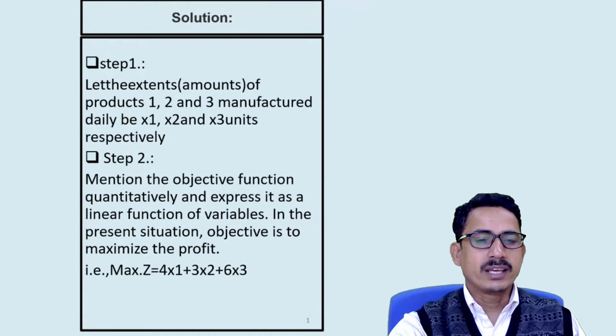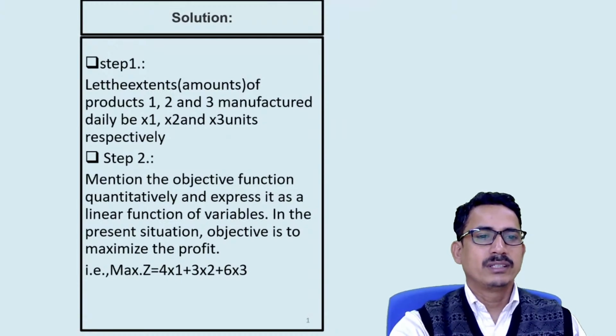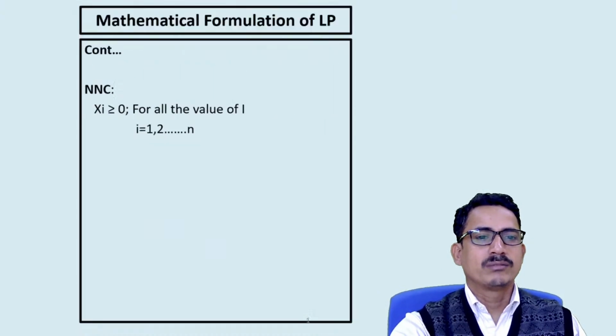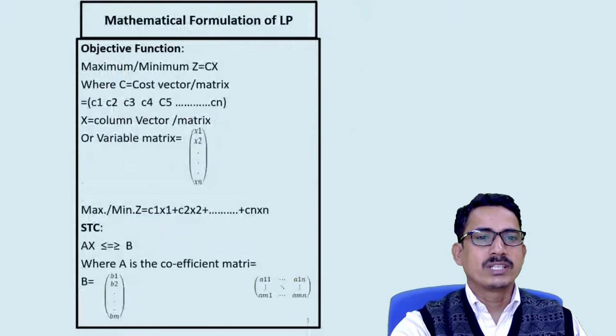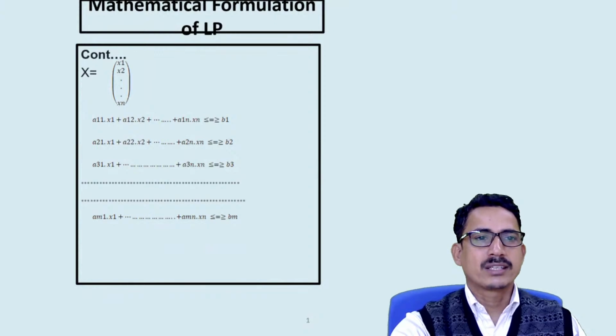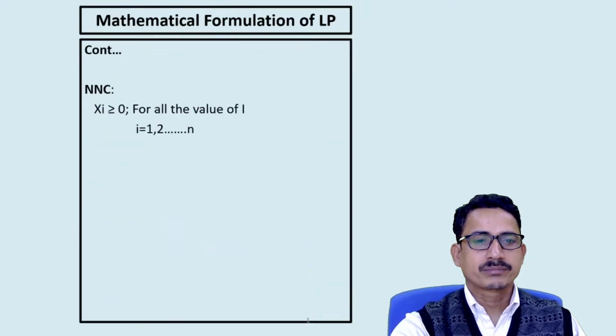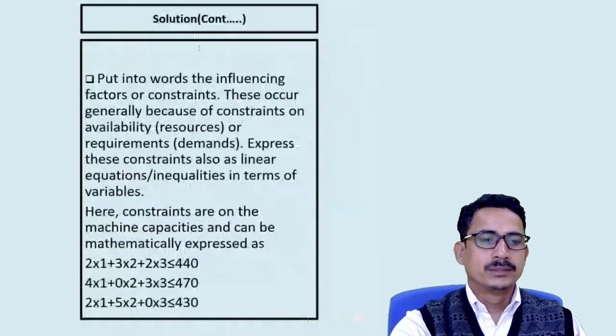And what is X? Now here there are 3 variables. If you see the format again, check what X I have written: x1, x2 up to xn. But here you have 3 variables, so you have to take x1, x2, x3. So this way it has been taken.